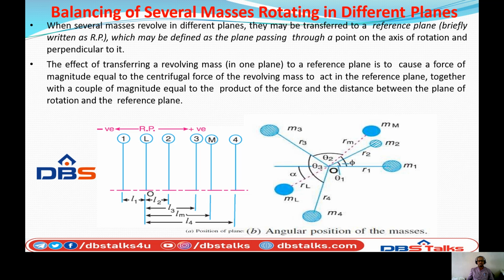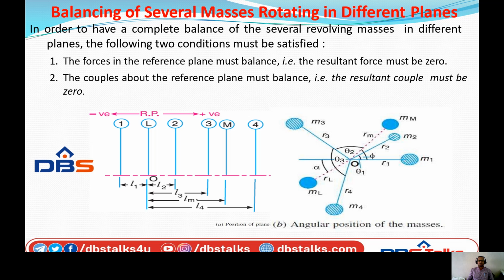But here we are taking separate reference planes with respect to the different planes of consideration. So how to solve the problems on this, or how to calculate the balancing masses?